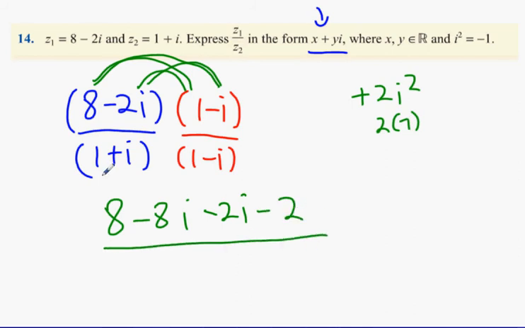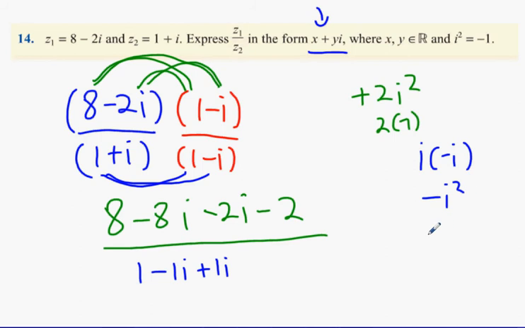Then on the bottom, 1 times 1, 1 times minus i is minus i, i times 1 is i, and i times minus i. What's i times minus i? Minus i squared. And what is i squared? Minus 1. What's minus minus 1? Plus 1.